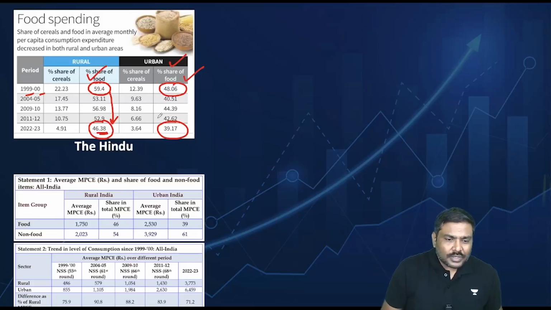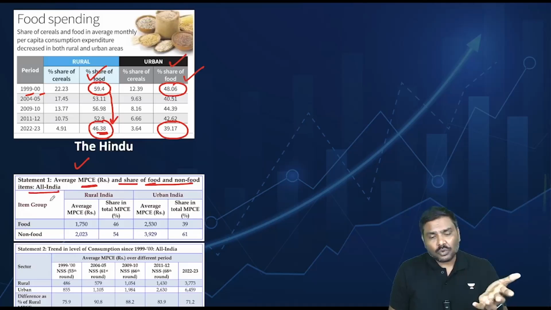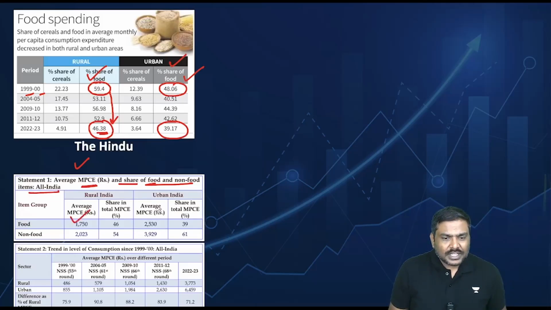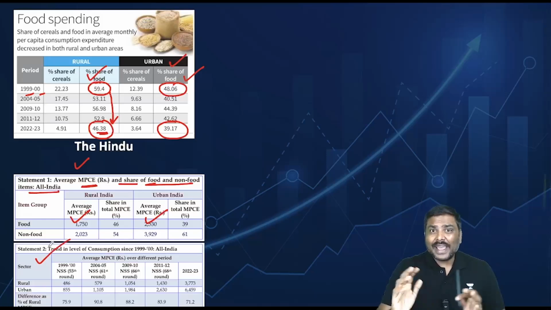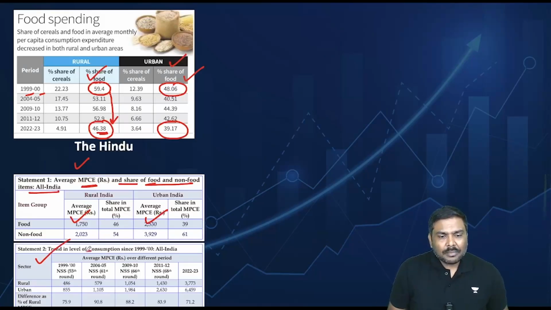Apart from this, what else do you need to make observations on in this report? It is average monthly per capita expenditure, share of food as well as non-food items in absolute rupees. In absolute rupees, just make an observation, do not memorize anything. Now, one more point of data. This is important. The rural-urban gap. That is how much is the gap between the consumption expenditures of rural and urban India.